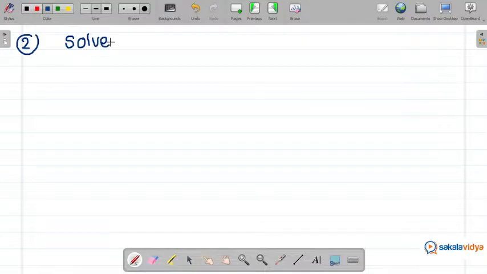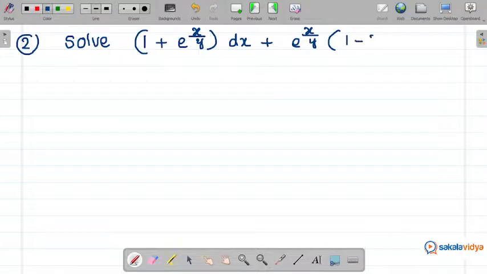Solve 1 plus e power x by y times dx plus e power x by y times 1 minus x upon y dy equal to 0. By observation itself it is a homogeneous differential equation, but it looks like it is not in the form dy by dx is equal to.